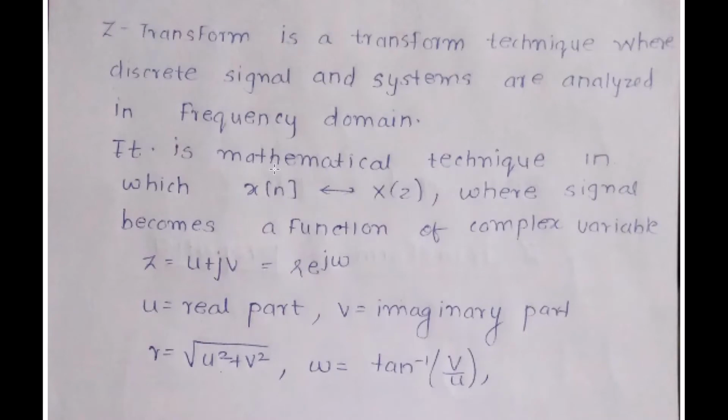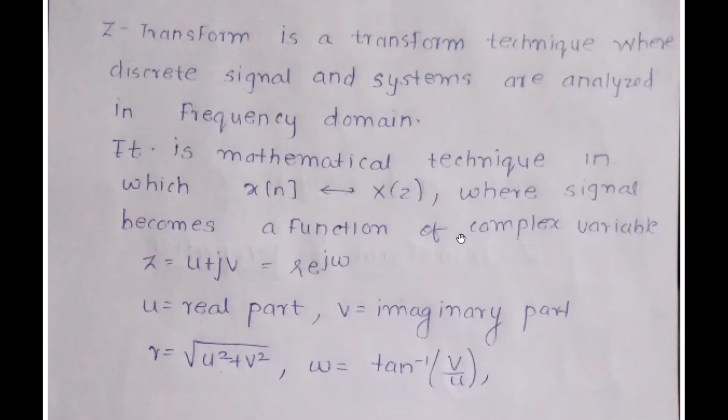It will not be applicable for x of t. It will be applicable for x of n. So basically we have x of n, the Z transform will be x of z, and it is applicable for discrete systems only.